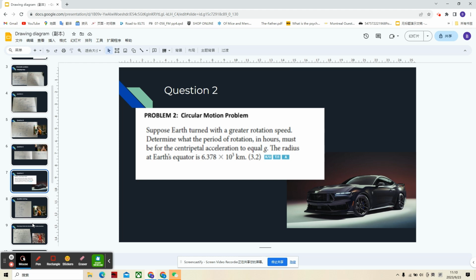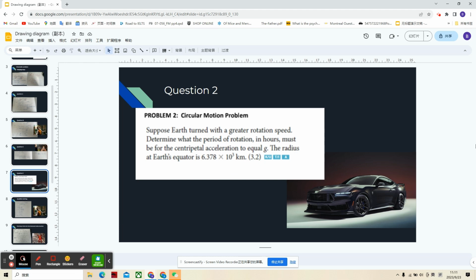So in this case, we need to find, in hours, the period for which the centripetal acceleration equals g. The radius at the Earth's equator is 6,378 kilometers.